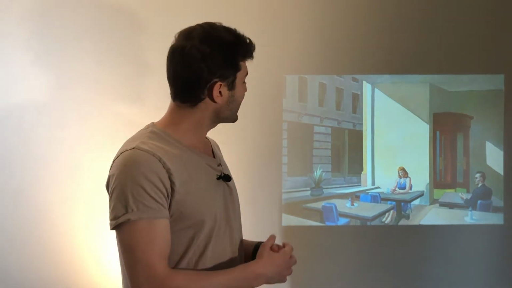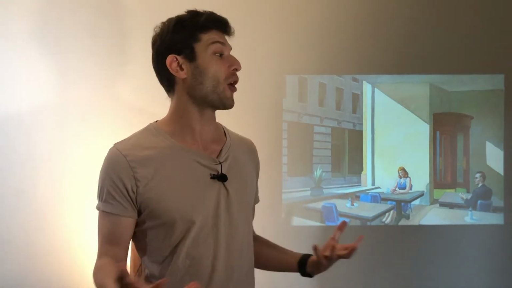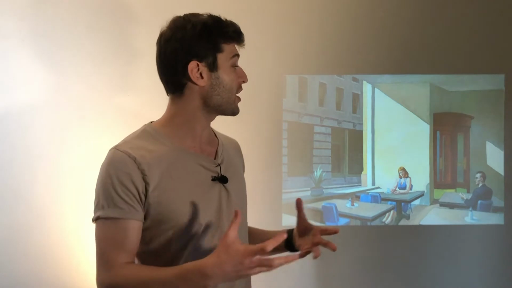And he came back to the States and basically completely rejected everything that the abstract painters were doing in Europe. And he is what is often referred to as an American scene painter and part of the realist movement. And so he's trying to show us what life is really like, as opposed to giving us a sense of abstraction that was really dominating the art world at the time.